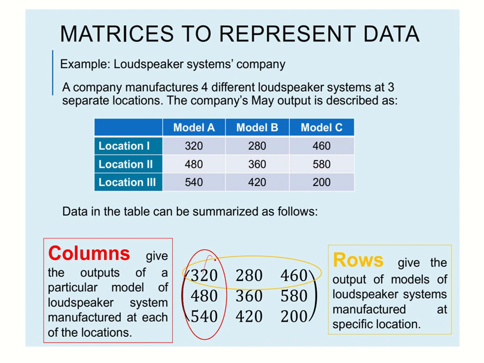So the column actually represent Model A, Model B, and Model C, right? The first column represent Model A, second column represent Model B, and third column represent Model C. And the row gives the output of models of loudspeaker system manufactured at specific location. All right, so from here, the row actually shows us the location. All right, location 1, 2, and 3.